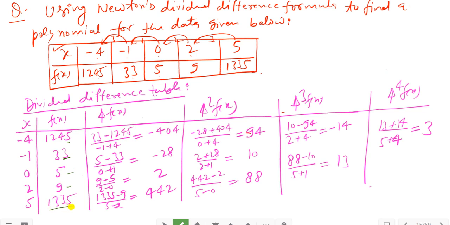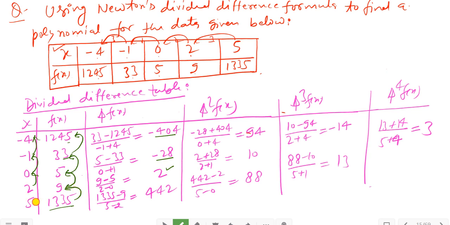Now the first order divided difference: 33 minus 1245 divided by -1 minus -4, that is -1 plus 4, so the value is -404. Then 5 minus 33 divided by 0 minus -1, that is 0 plus 1, so this value is -28. Then 9 minus 5 upon 2 minus 0 is 2.